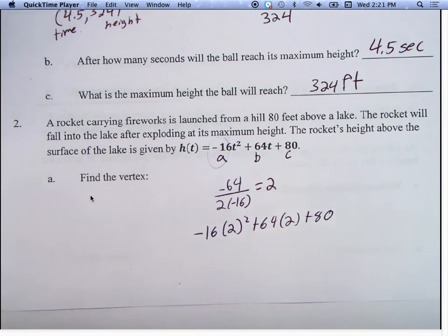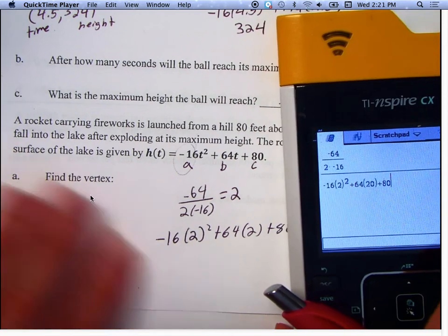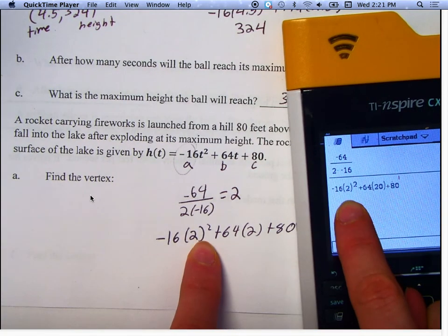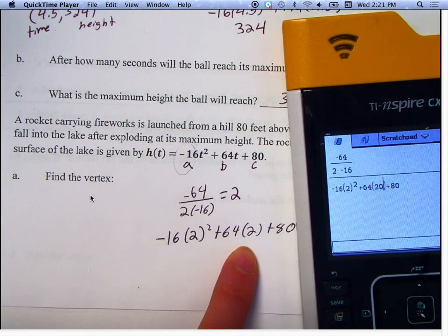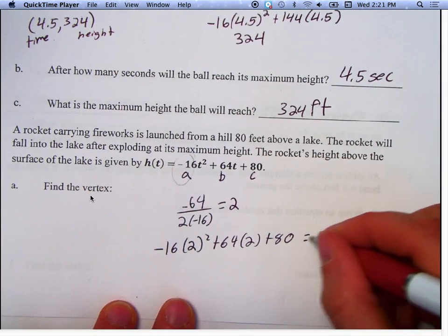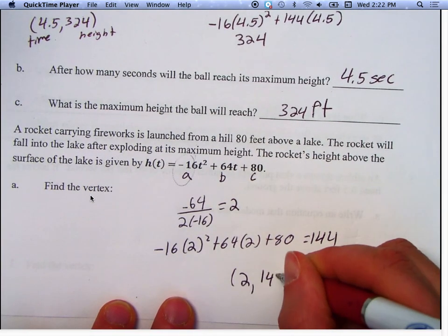Double checking that. Is that the same as what I have written down? No. Negative 16, 2 squared, plus 64 times 2 plus 80. I get 144. So my vertex then is 2, 144.